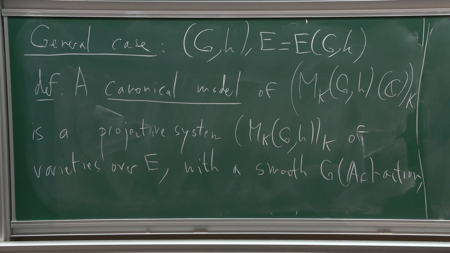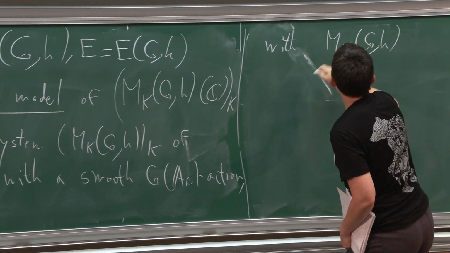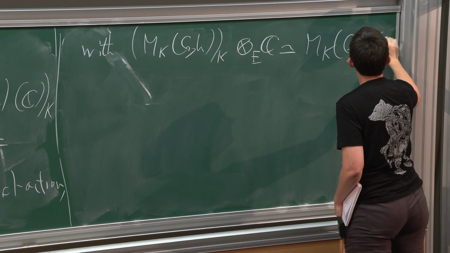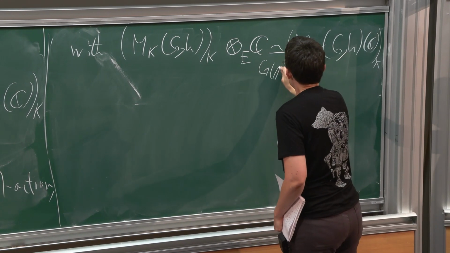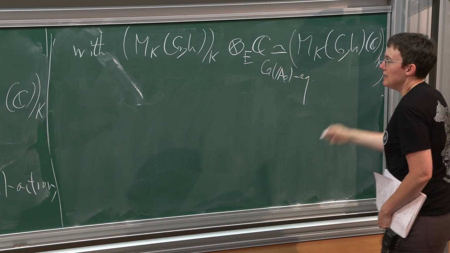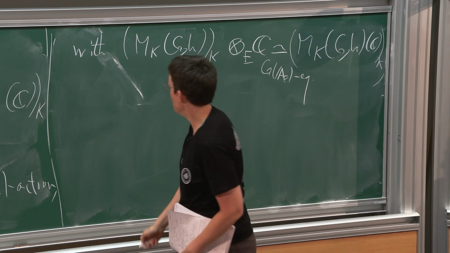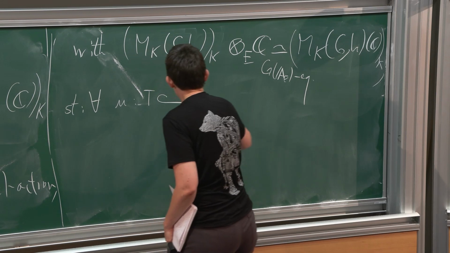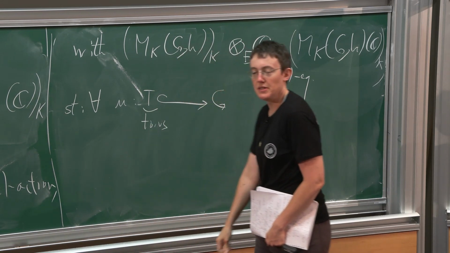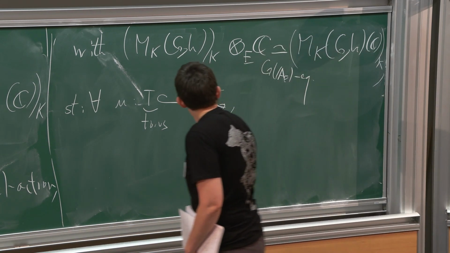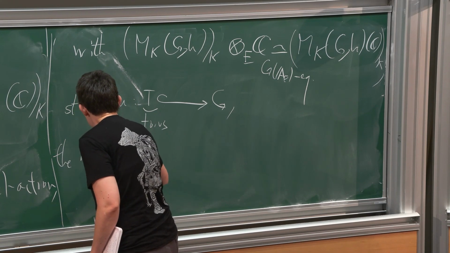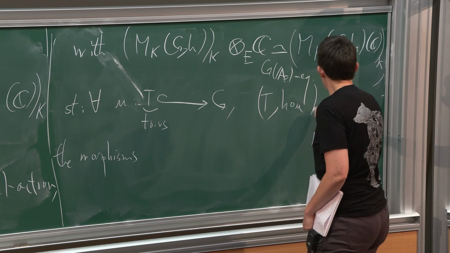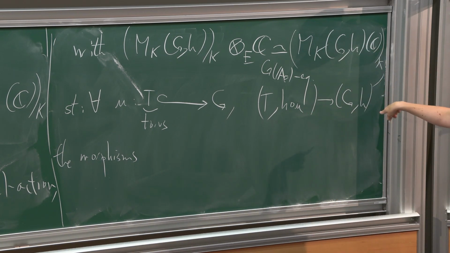It should be a model, so with an isomorphism of this with the ones over C. Okay, so I want an isomorphism that is equivariant. And that is a reasonable model, with the following condition: for every injective morphism from a torus into G, all the morphisms, this is going to give a morphism of Shimura data from T with this H times U into GH.